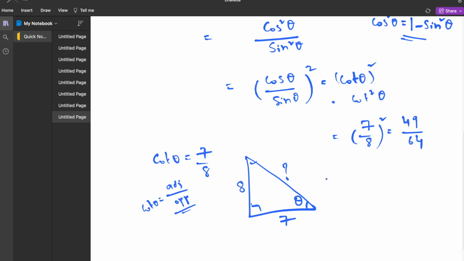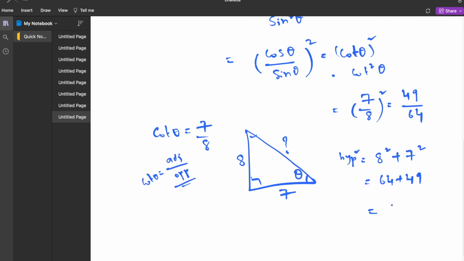So hypotenuse would be, by Pythagoras theorem, hypotenuse square is equal to the sum of squares of the other two sides of a right angle triangle. So this is nothing but 64 plus 49, that is 113.